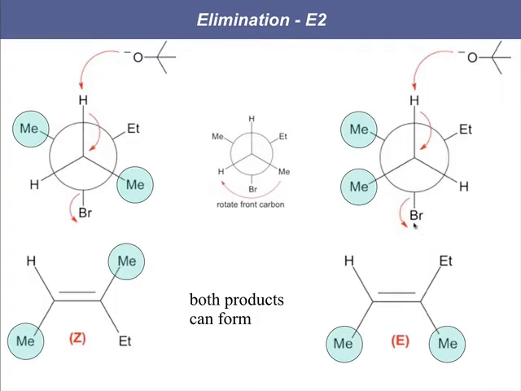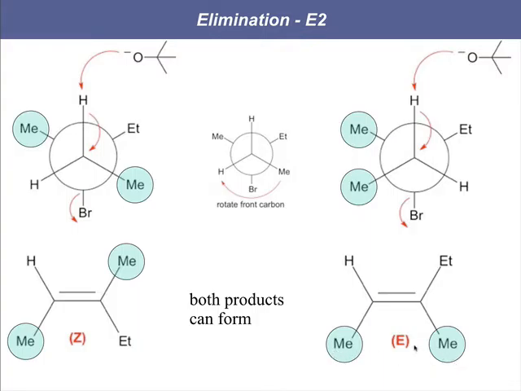The leaving group leaves. Notice that the methyl groups are right next to each other, so that when that pi bond is formed, these methyl groups are right next to each other.